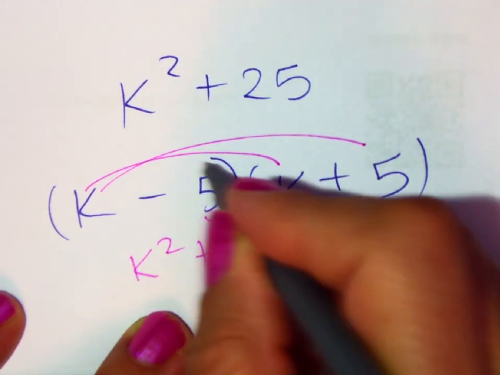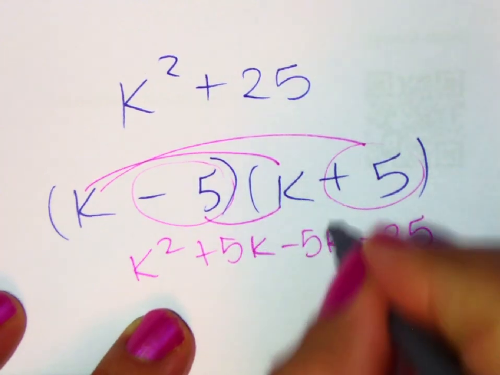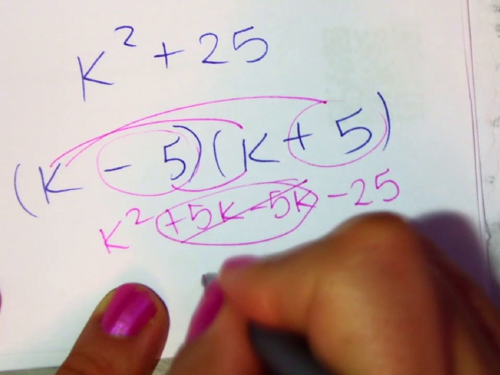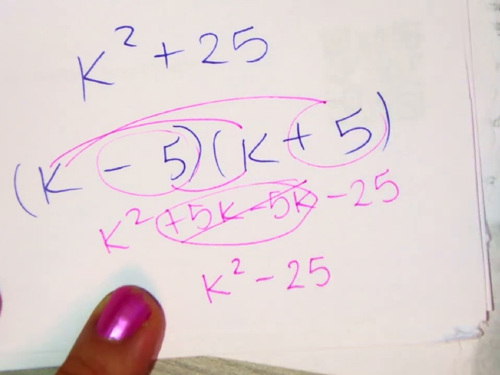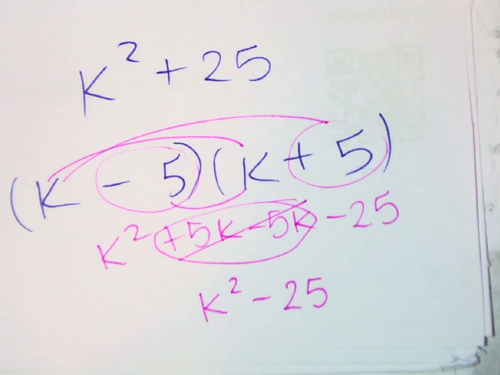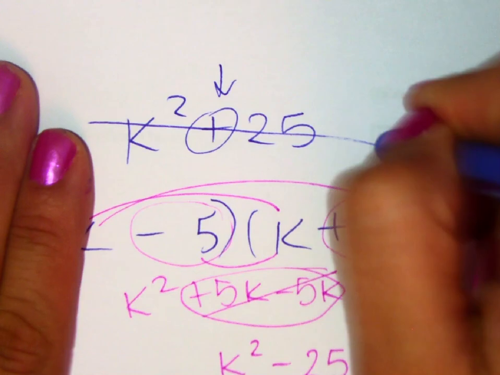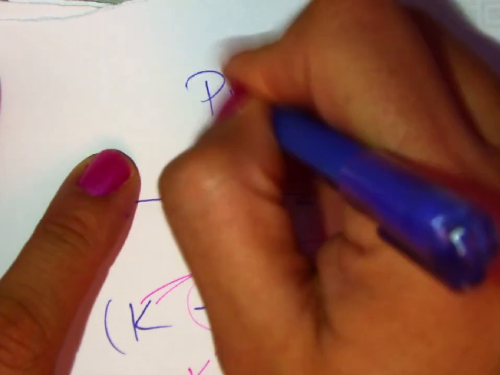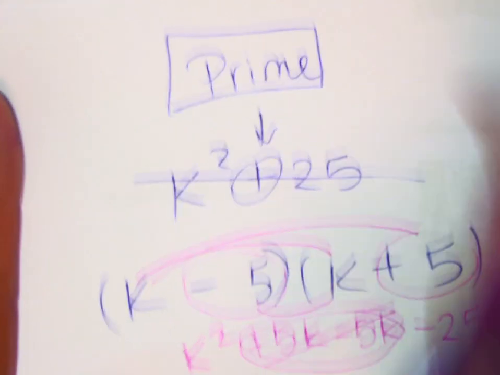But when you multiply negative 5 times positive 5, that will give you negative 25. So when you combine like terms and it cancels, your answer is actually with a negative 25, not a positive 25. And that's the reason why it only works on difference of squares. This has a plus sign, so this is not going to work with difference of squares. This will be considered a prime polynomial, where it cannot be factored.